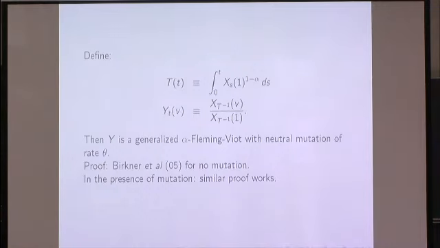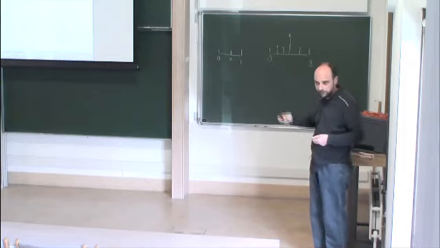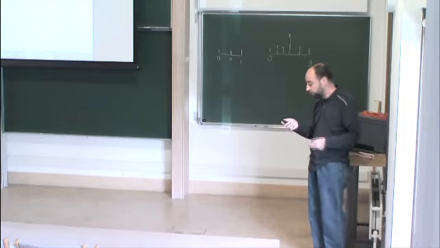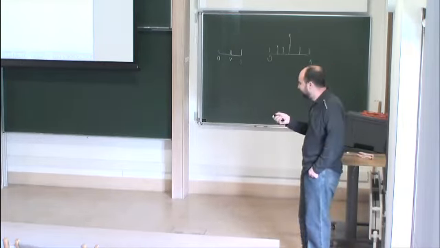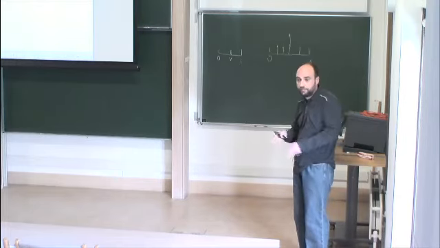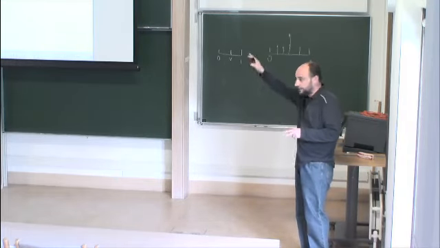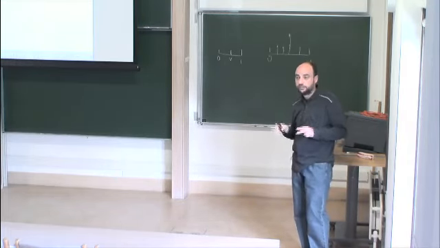They also considered coalescence with multiple collisions, which we didn't talk about. It was all related to that, and they proved these disintegration theorems for the case without mutation, and in fact, there is nothing else here apart from the eta formula. At least in this part of the result, you just use the eta formula.